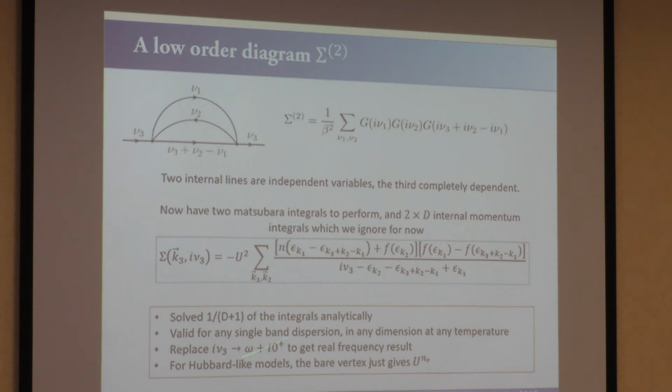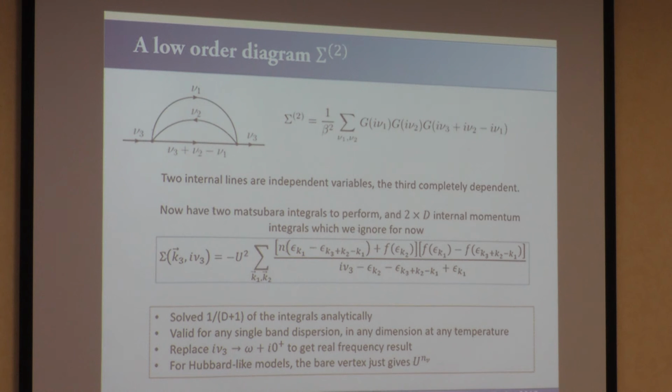And you can directly analytically continue it to get the real frequency result. Now, even once you've done that, you still have to integrate all the other k integrals. Okay? And for Hubbard-like models, the bare vertex just gives U to the n times the number of vertices, which in this case was just a 2. Okay? So does everyone follow at least the logic here?